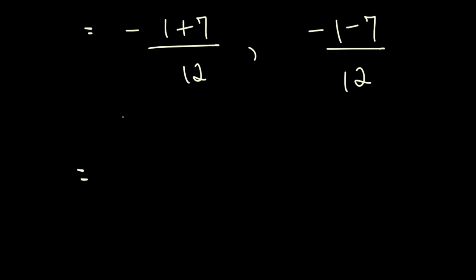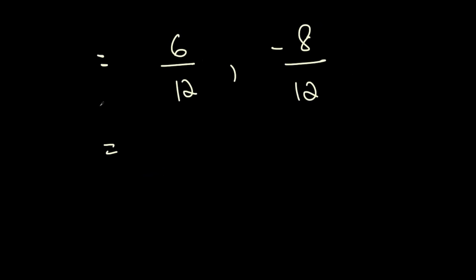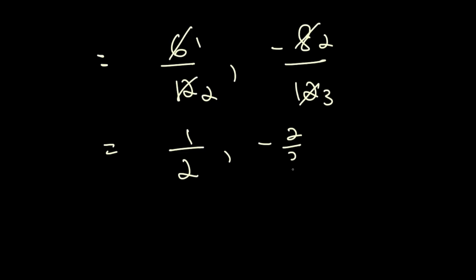Both of these turn into: minus 1 plus 7 is 6 over 12, and negative 1 minus 7 is negative 8 over 12. We will simplify this further. 6 over 12, as we know, simplifies to 1 over 2, as 6 goes into 12 twice, and negative 8 over 12, 4 goes twice into 8 and thrice into 12, gives us negative 2 over 3.